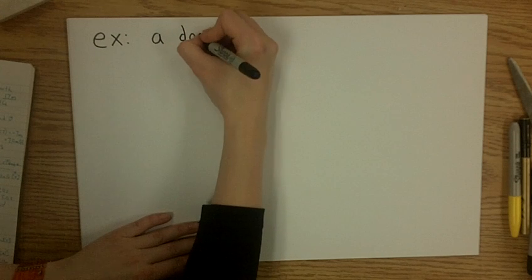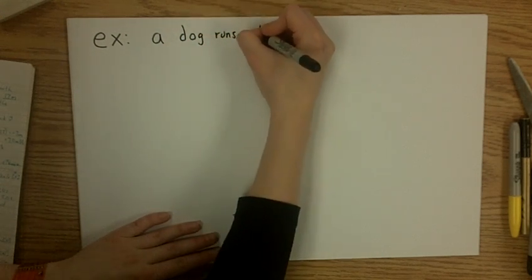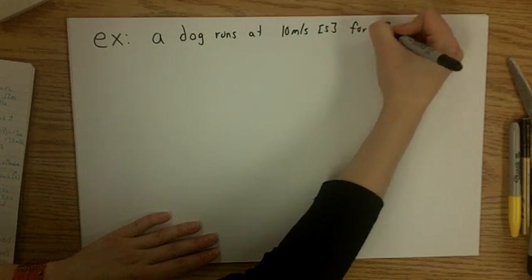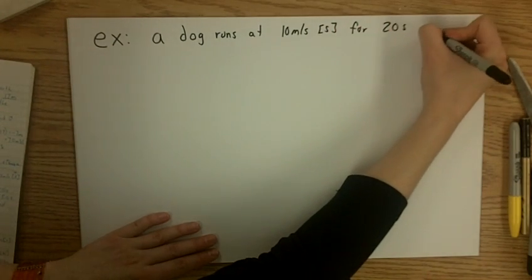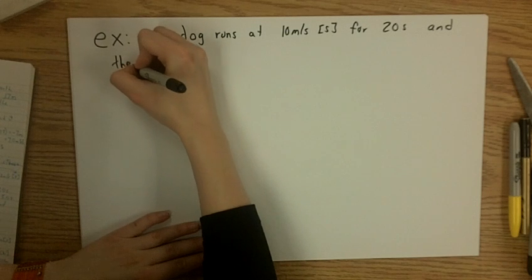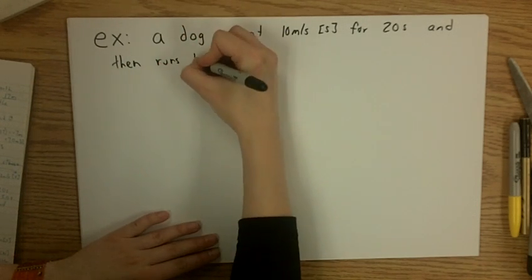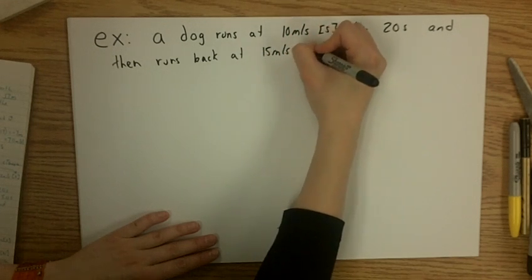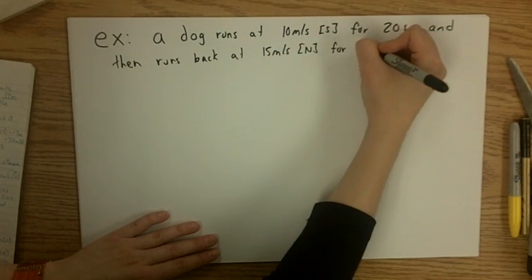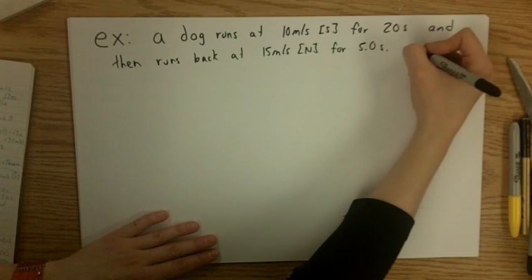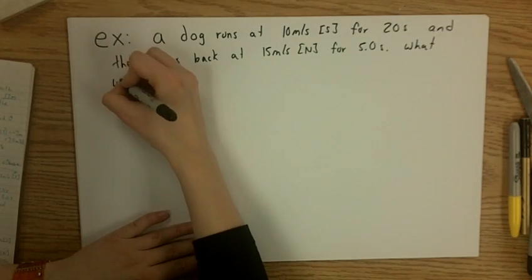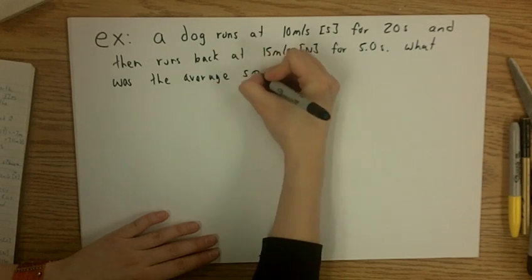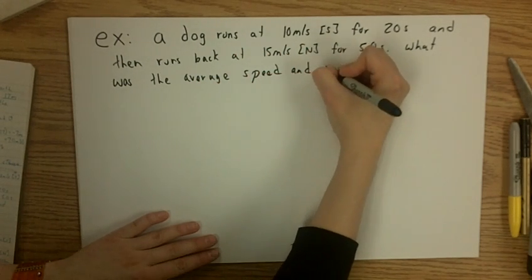A dog runs at 10 meters per second south for 20 seconds, and then runs back at 15 meters per second north for 5 seconds. What was the average speed and velocity?